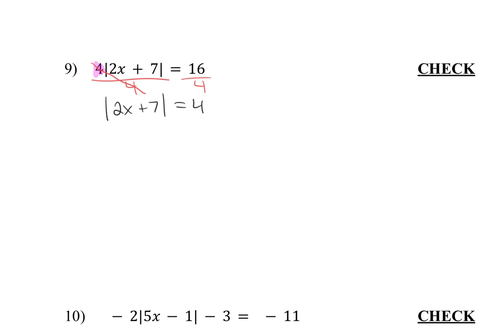Okay, now we have the absolute value with just stuff inside and nothing outside. And is it equal to a positive or a negative? Positive. So how many answers are we going to have? 2. Okay. One option, 2x plus 7 equals -4.